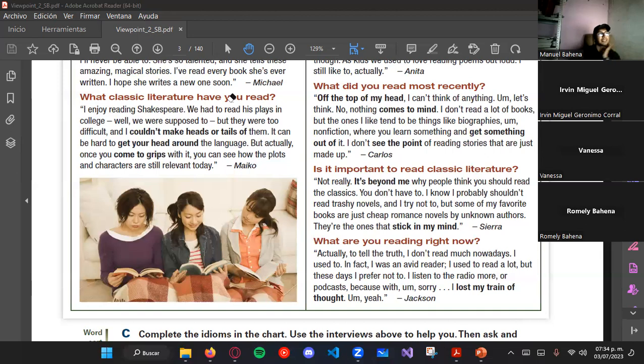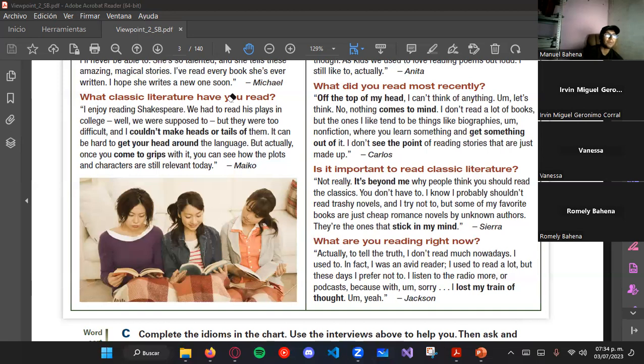Great pronunciation. So it says, is it important to read classic literature? What does that mean? Es importante leer literatura clásica. Not really.